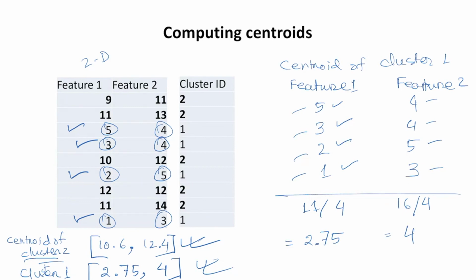Therefore, if your dataset is two-dimensional, then you will have a two-dimensional centroid. If your dataset is three-dimensional, then you will have a three-dimensional centroid. If your dataset has four dimensions or four features, then each of your centroids will have four features. If you have a 100-dimensional dataset, then each of your centroids will have 100 dimensions.